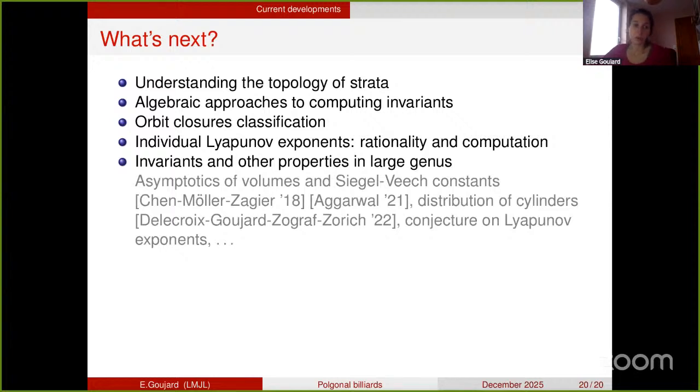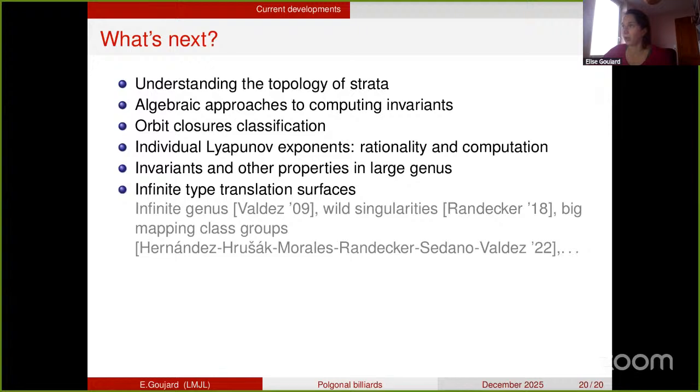One can also study these invariants and other dynamical properties for surfaces of large genus. This is a big part of what I do also. So you can look at infinite type translation surfaces, for instance the one you get when you unfold an irrational polygon.